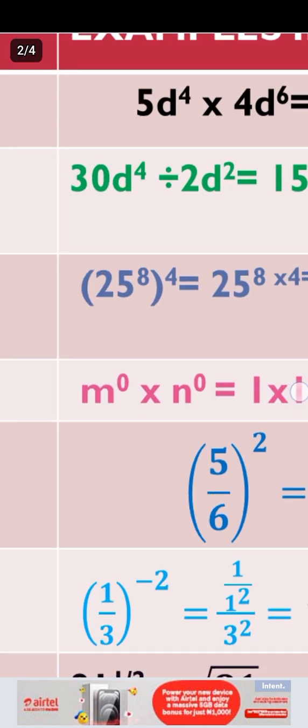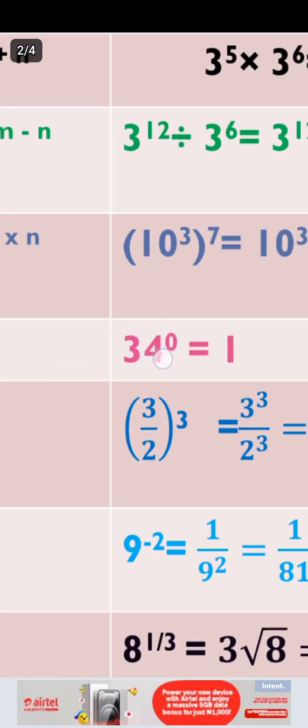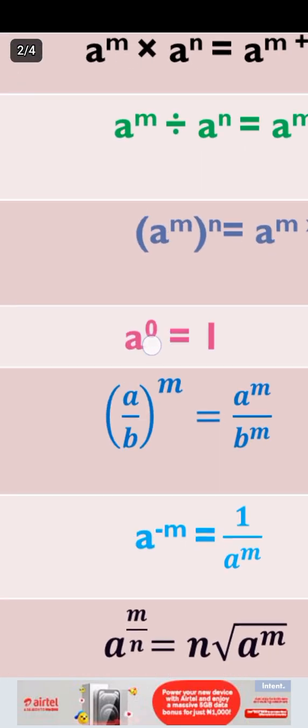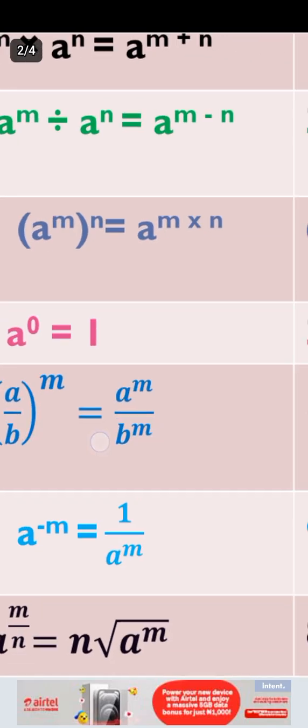We go ahead to take the next rule. Just like the quotient rule, it says if a over b, bracket, raised to the power m, is the same thing as a raised to the power m divided by b raised to the power m.